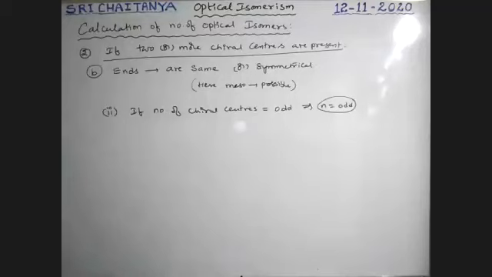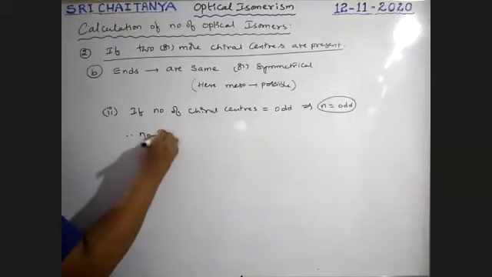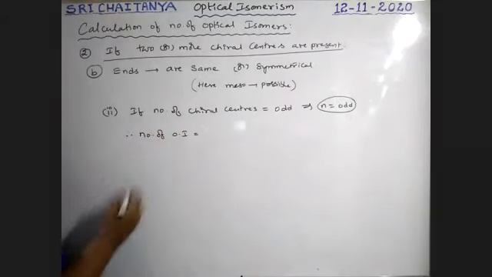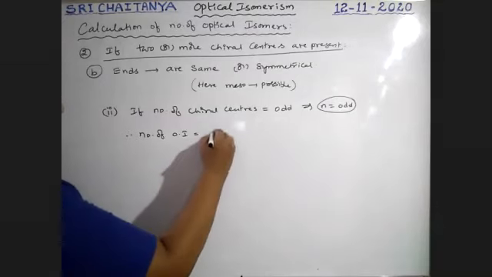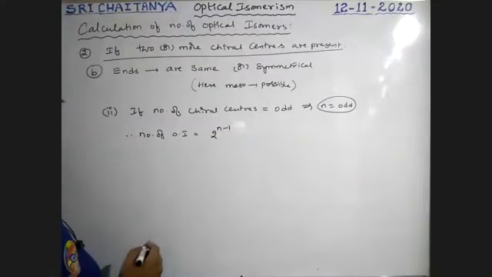If n is odd, therefore number of optical isomers is equal to 2 power n minus 1.